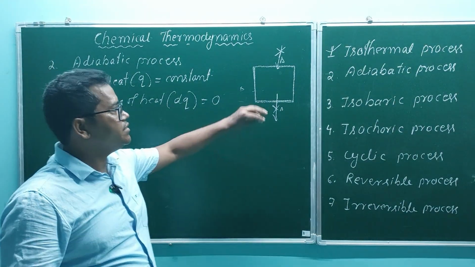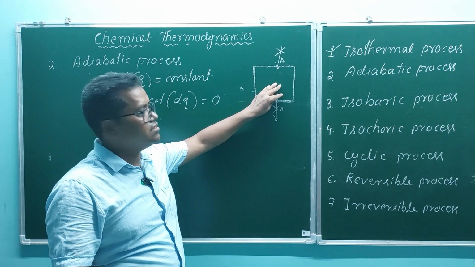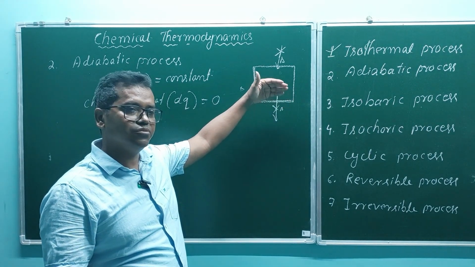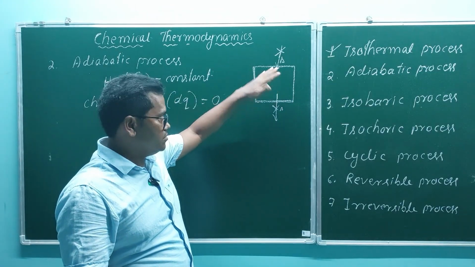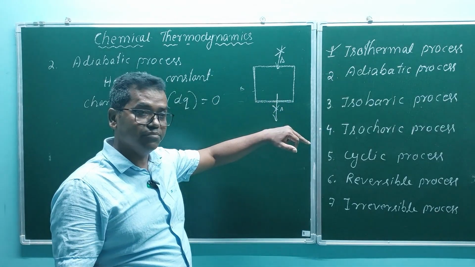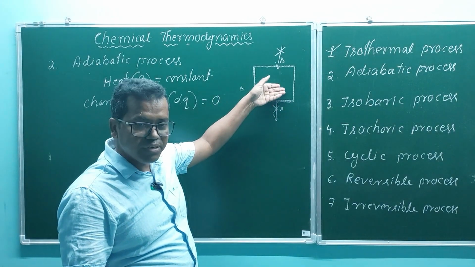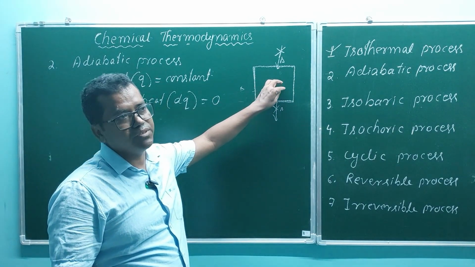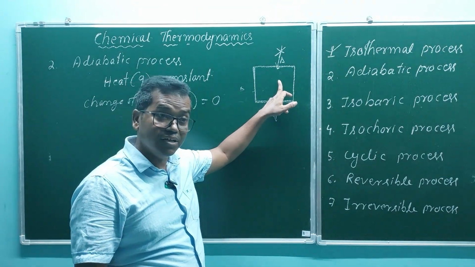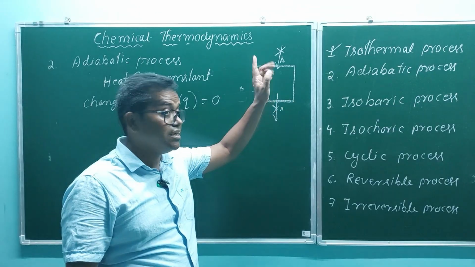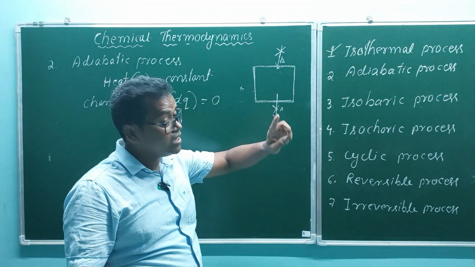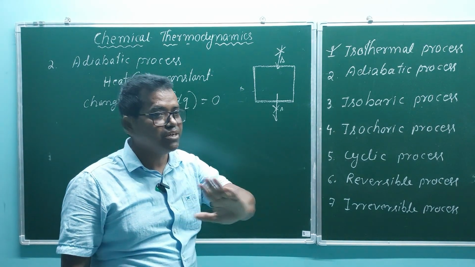Similarly, if some exothermic reaction is going on, the temperature will rise in the system because heat energy cannot go out from the system. Again, if some endothermic reaction is going on, the temperature of the system will fall because heat cannot enter into the system. But in isothermal, heat energy can enter and can go out, so the temperature remains constant.